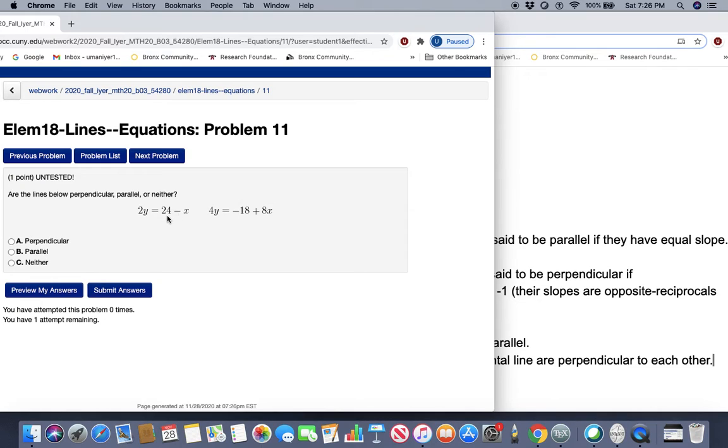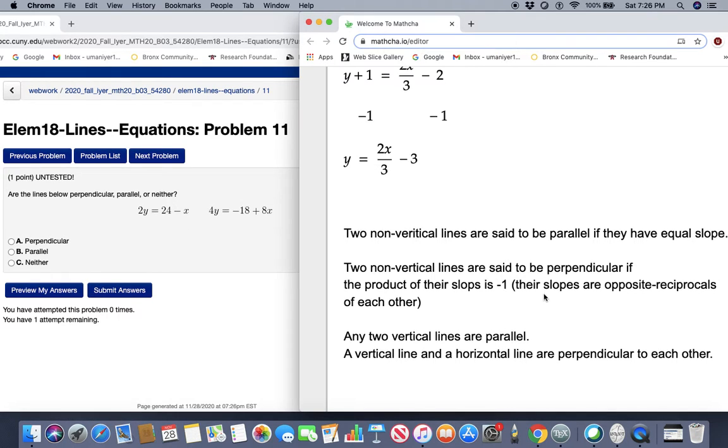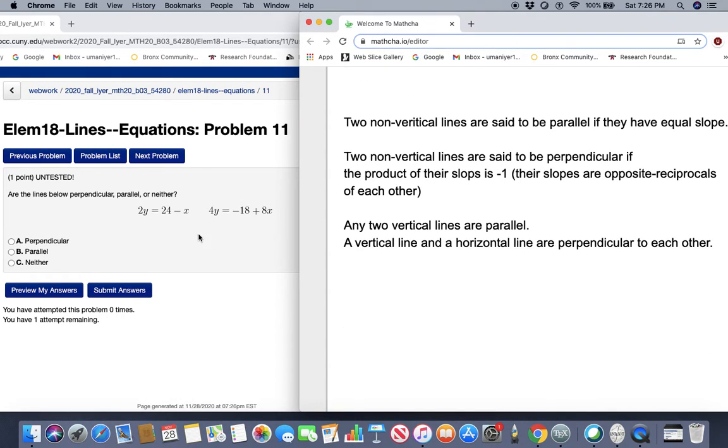Are the lines parallel, perpendicular, or neither? Well, let's solve for y, okay? So in the first case, I have 2y equals 24 minus x. Let me write 2y is negative x plus 24. I have simply rewritten this equation with the x term first.